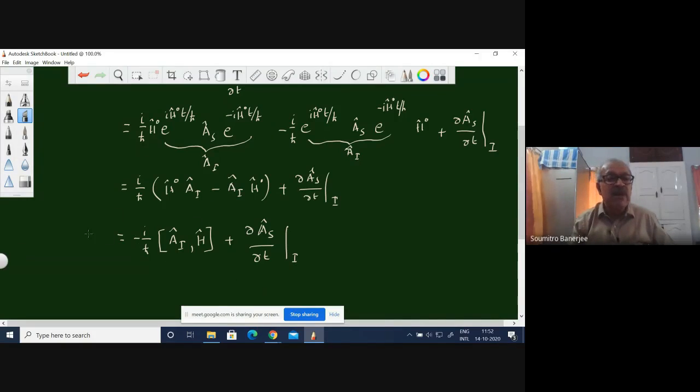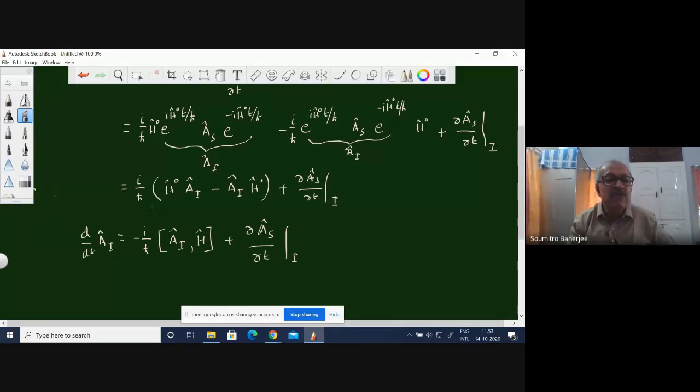So it is d by dt of A_I. How does the A_I operator change with time? It changes exactly the same way as it did in the Heisenberg representation, if there is no time-dependent term. So here also it remains practically the same as the Heisenberg representation.